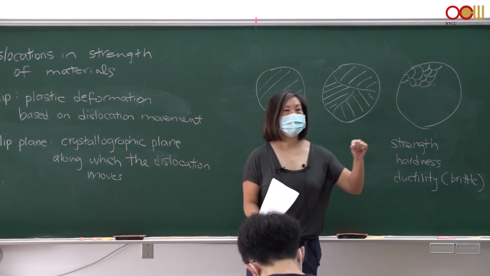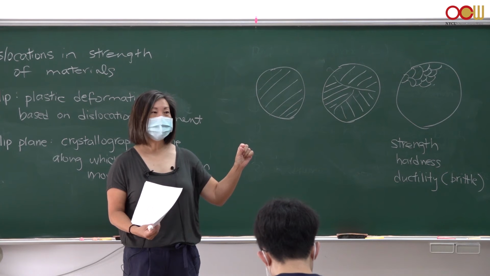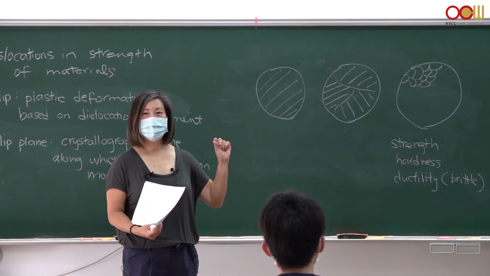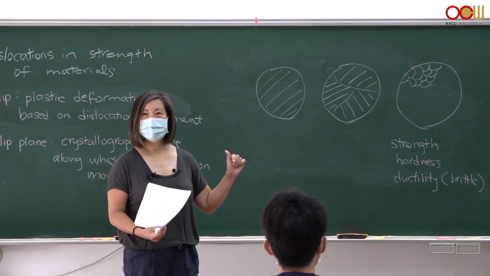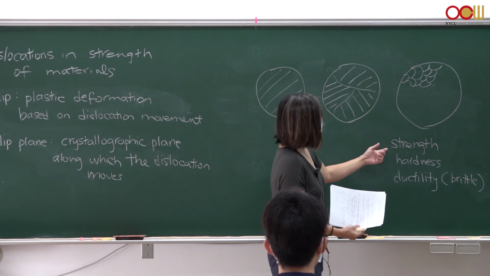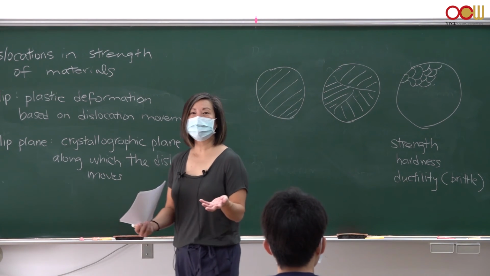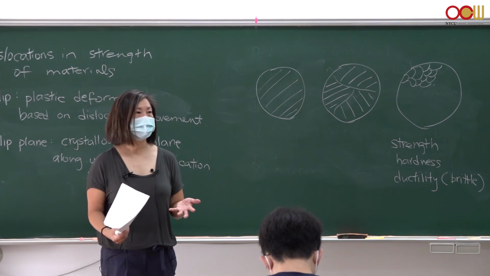Hardness is resistance to local deformation. So deformation, again, is due to slip. And if you have very small grains, then you have high resistance to slip. Therefore, you're increasing the hardness, surface hardness as well. And strength is just how much energy you have to put in, how much force you have to apply to get the material to start to plastically deform.